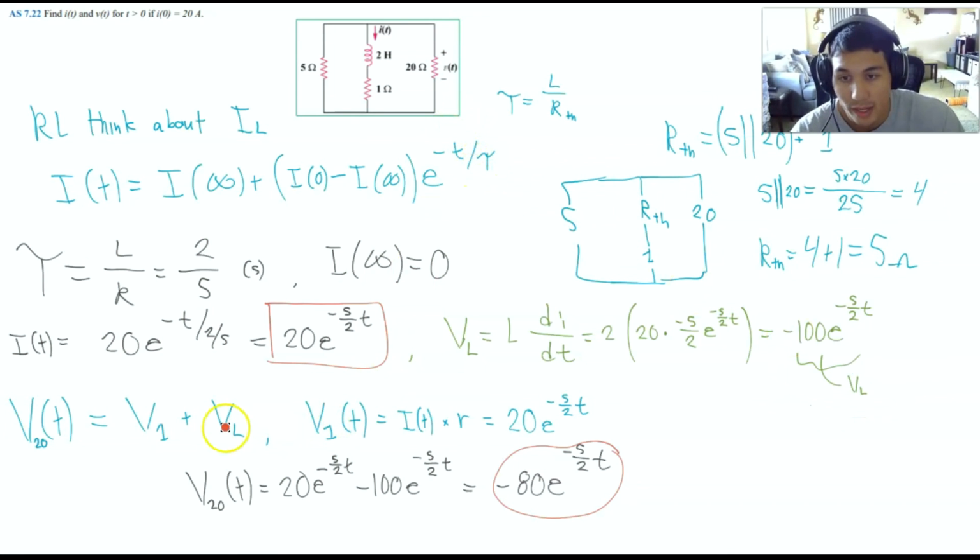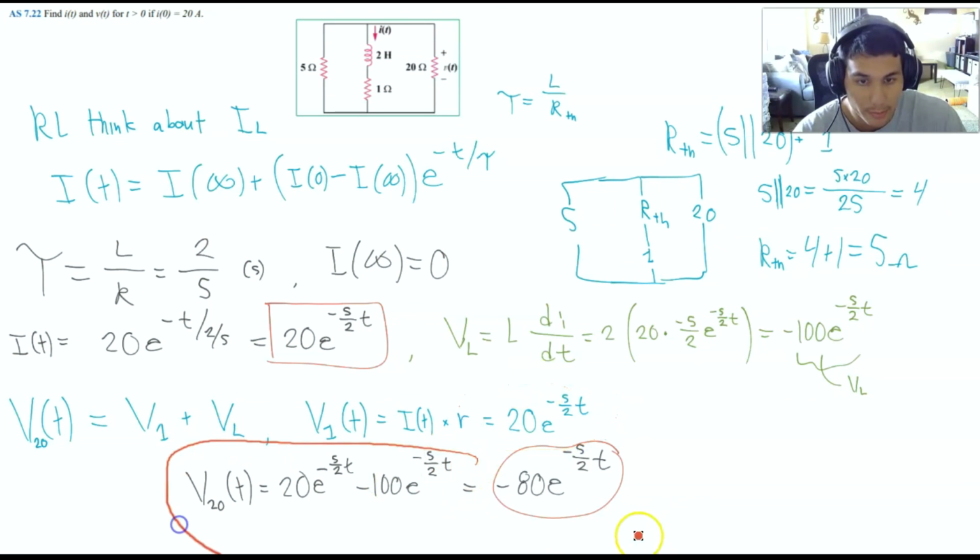And then if you add that to what V1 is, and you ask yourself, what is V1? Well, V1, the voltage across this 1 ohm resistor, well, I of t is still flowing down this. So I of t right here, it's right here. But then we want V, and we get to use Ohm's law, which is I times R, and R is just 1. So it's just 20 e to the negative 5 over 2 t.